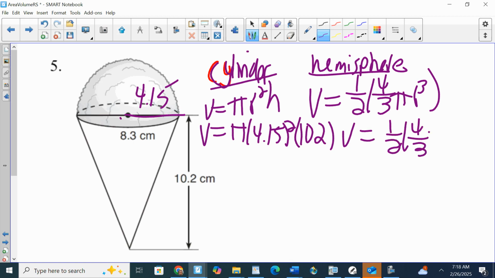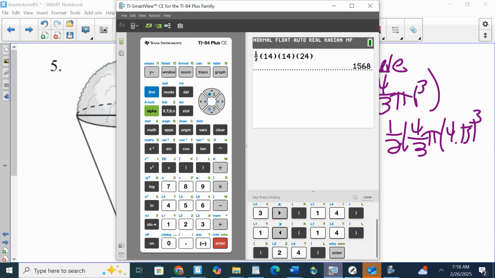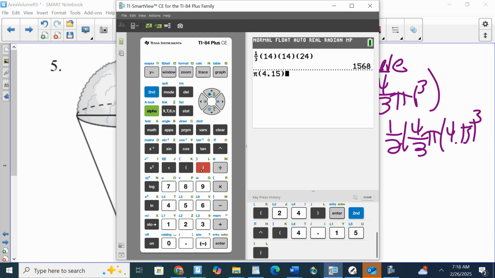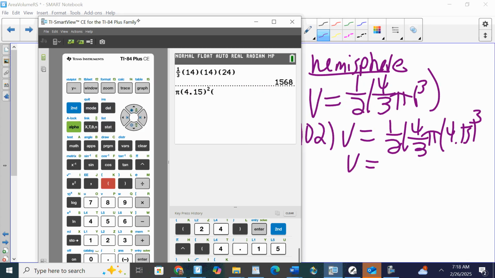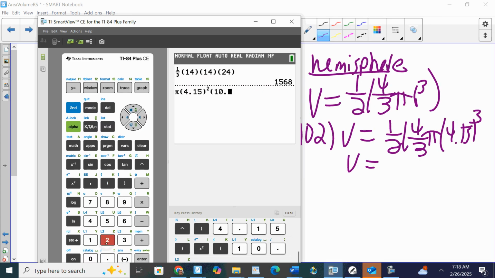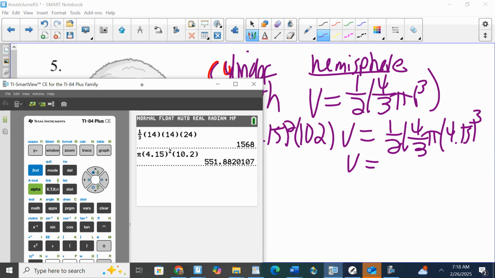The hemisphere has the same radius, 4.15 cubed. We type it in. Pi times 4.15 squared times, what was it, 10.2? Yup. Oh, I'm sorry, that's not a cylinder.